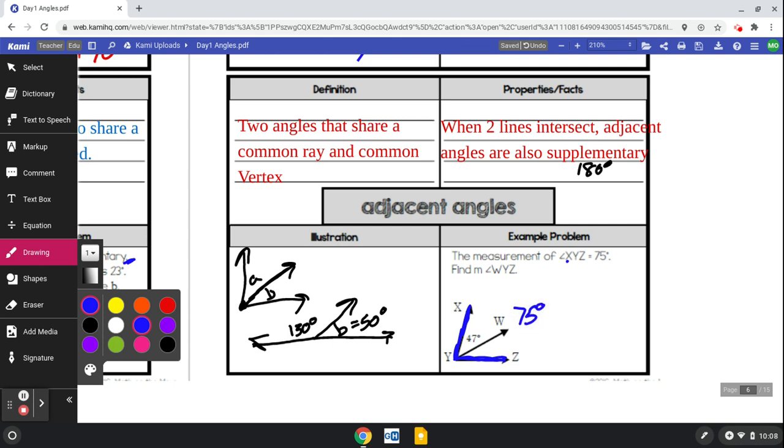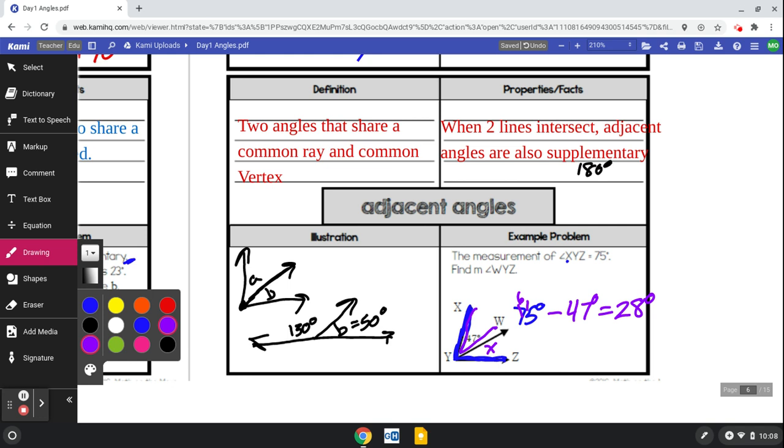But we just have this little sliver of 45, and we need to find out what this is. So what we would do is subtract our 47 degrees from that. And this becomes 6, and that's 15, which then is 8. 6 minus 4 is 2.